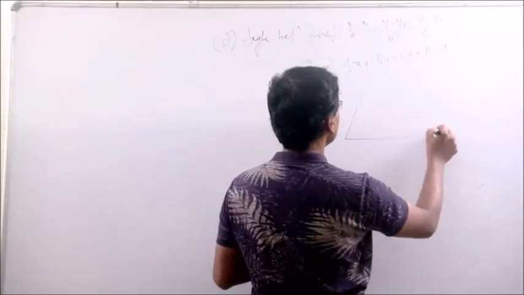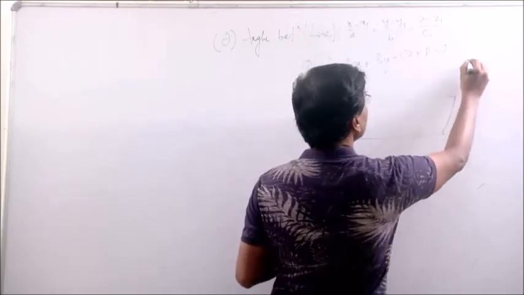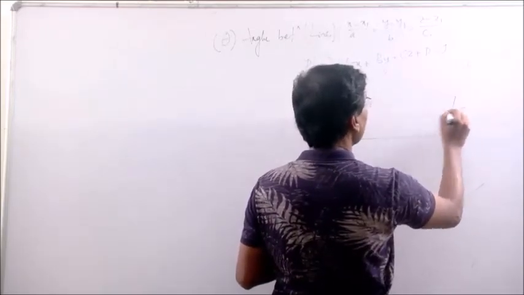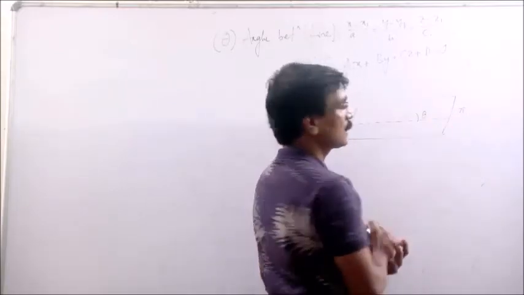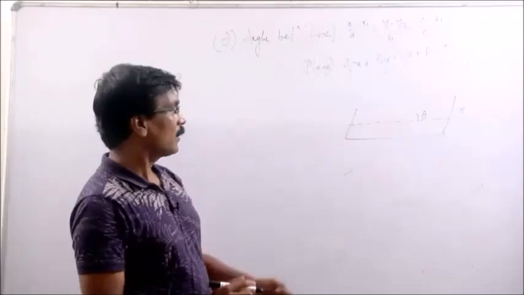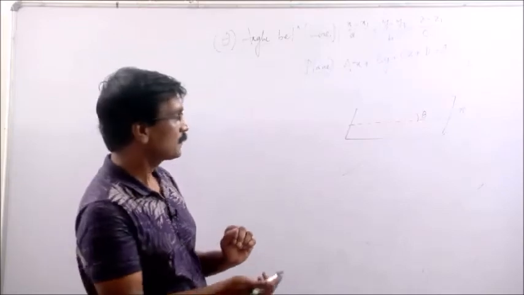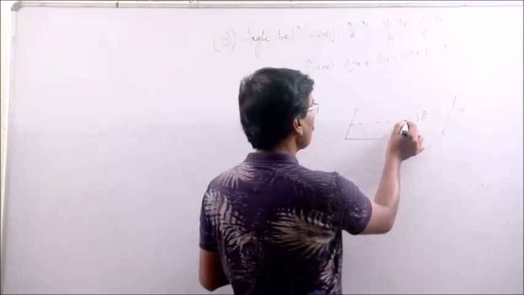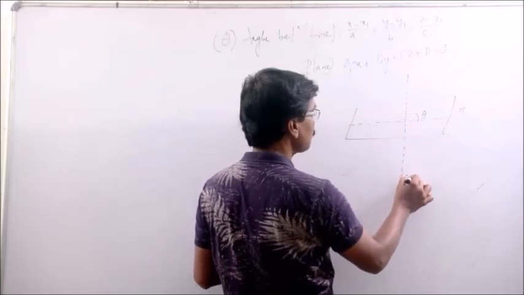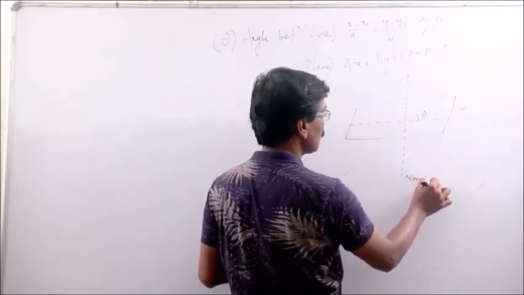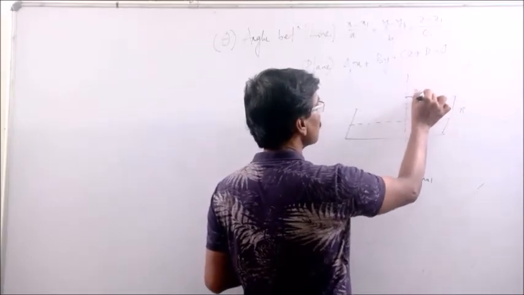So, we can represent a plane in the form of a rectangle or a parallelogram. This is line L and a plane pi. Say angle theta is in between them. So, the angle between a line and a plane can also be found out by drawing the normal to the plane, and the angle between normal and line is pi by 2 minus theta.